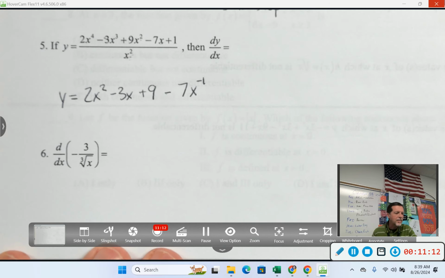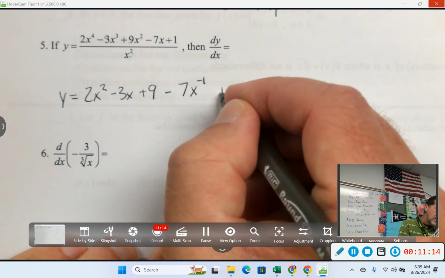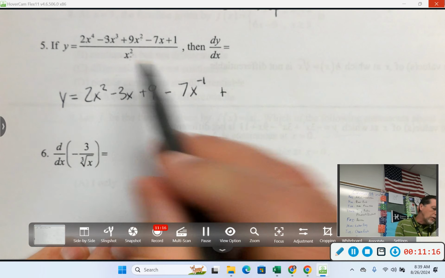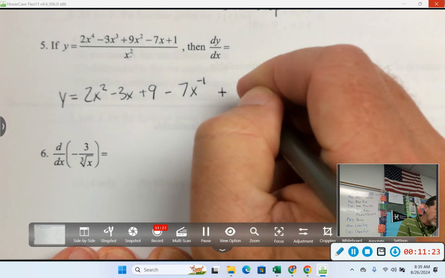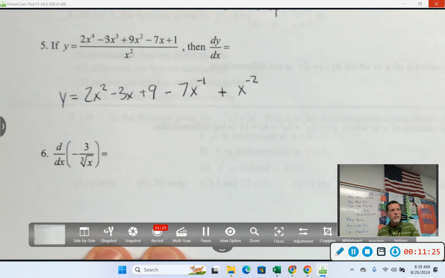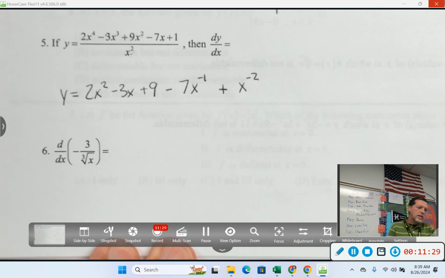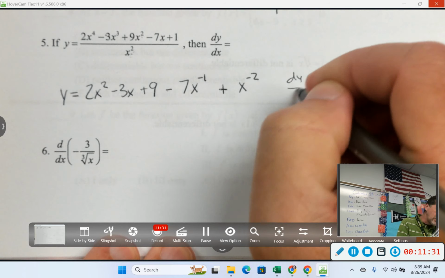So let's make it x to the negative 1. And same thing with this last one. I could write 1 over x squared, but I can't really take a derivative of 1 over x squared. So let's write it as x to the negative 2. Algebra step. Then we can find the derivative.